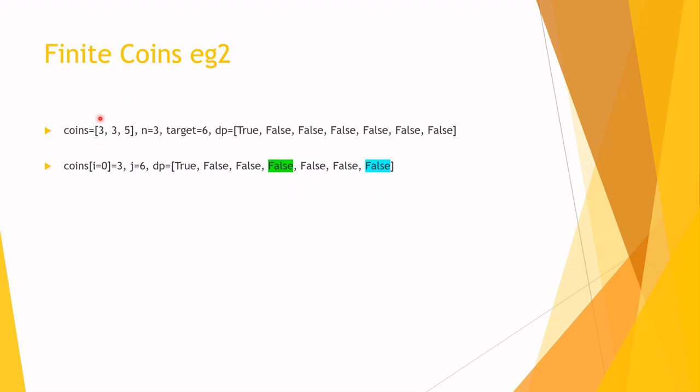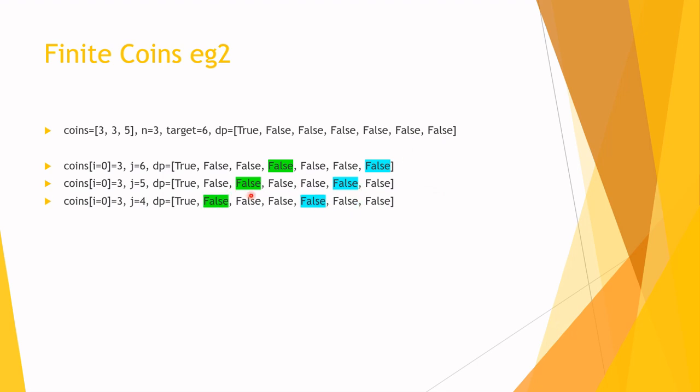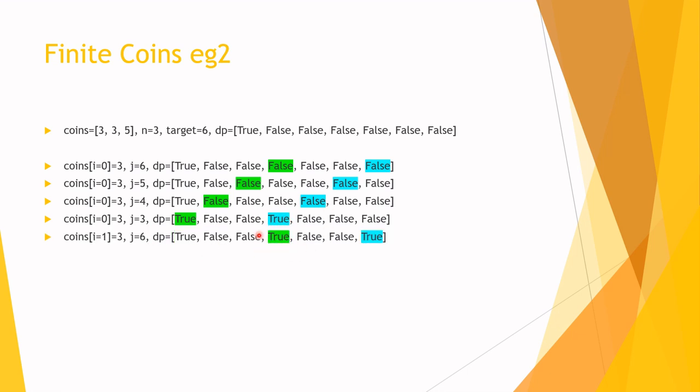Taking the first 3 as our denomination, we have j running from 6 to 3. Obviously when j is 6, it's false or false is false. When j equals 5, it's false or false false, false or false false. When j equals 3, we have false or true, that is equal to true. So dp of 3 is set as true.